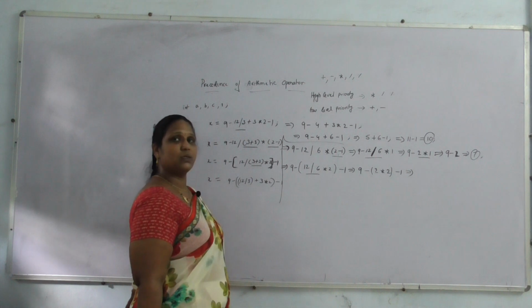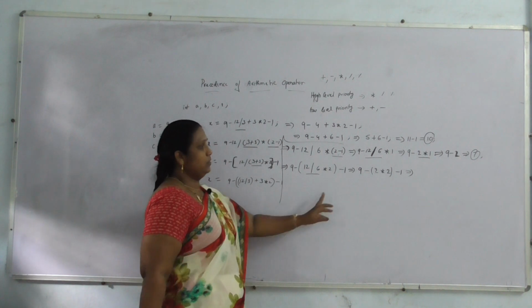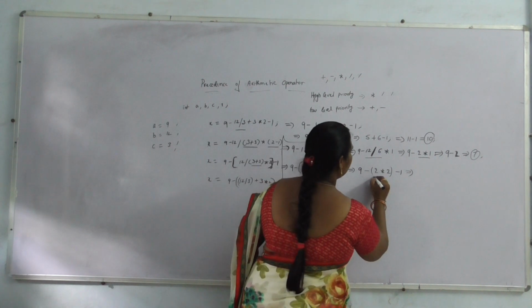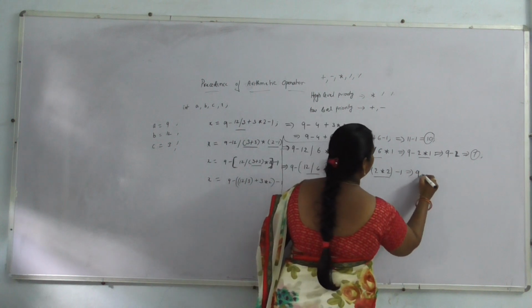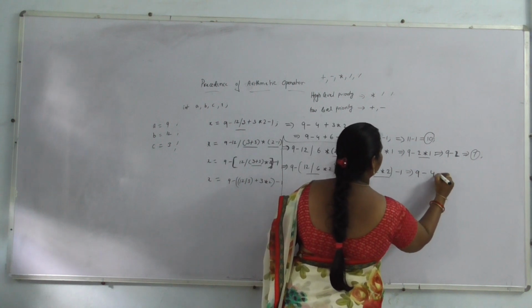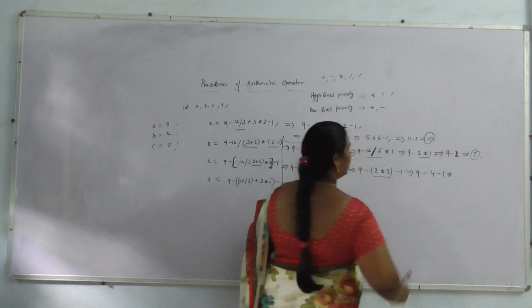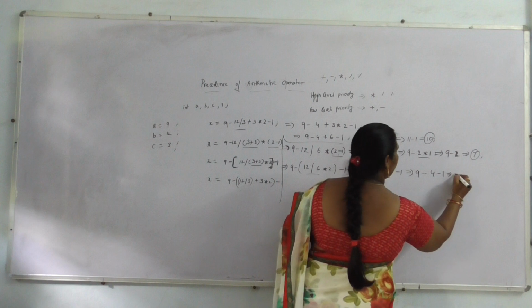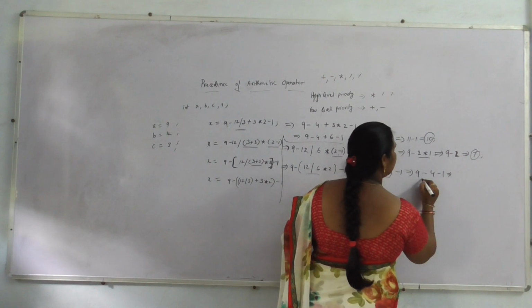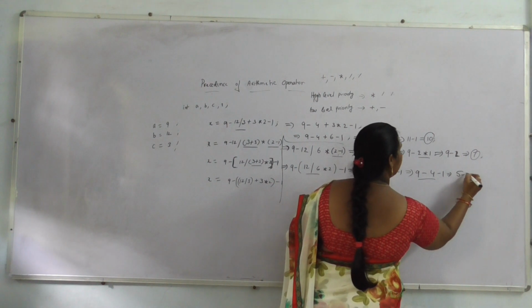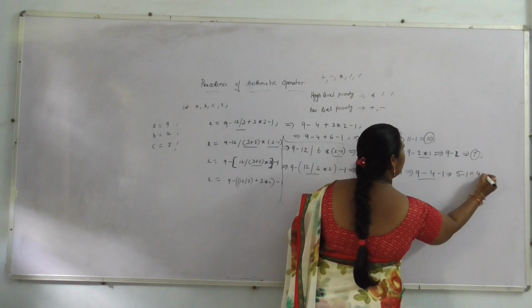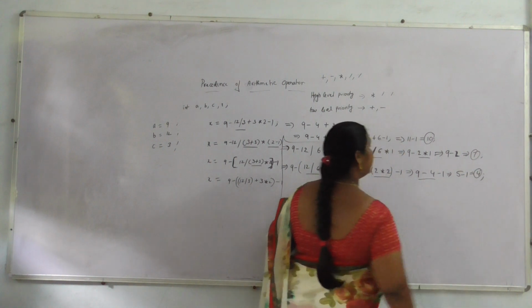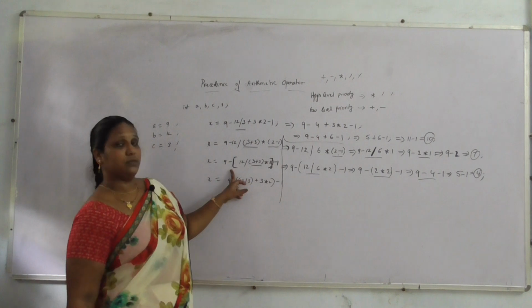Next 9 minus 4 minus 1. Then 5 minus 1 equals 4. This is the answer for this expression.